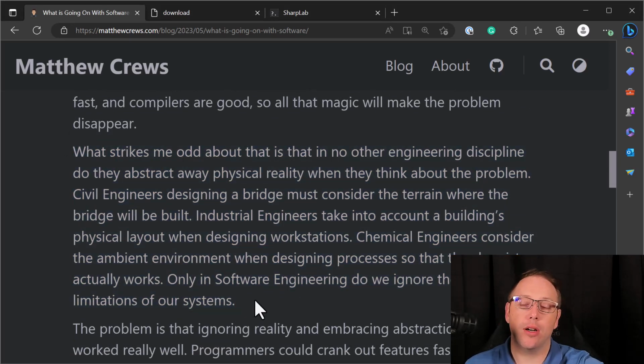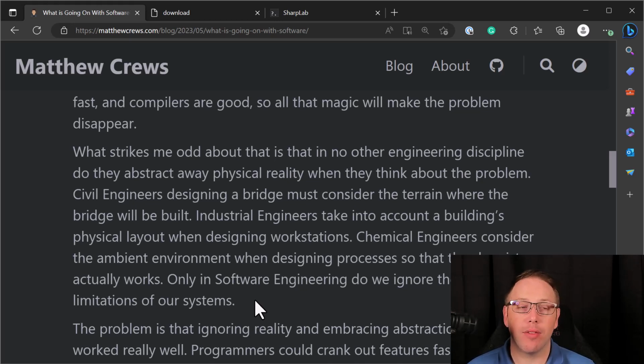And the reason I find it odd is because in other engineering disciplines, you're never allowed to ignore the physical realities of the problem that you're trying to solve. For example, a civil engineer who's been asked to design a bridge has to take the physical realities of where that bridge will be built into account.